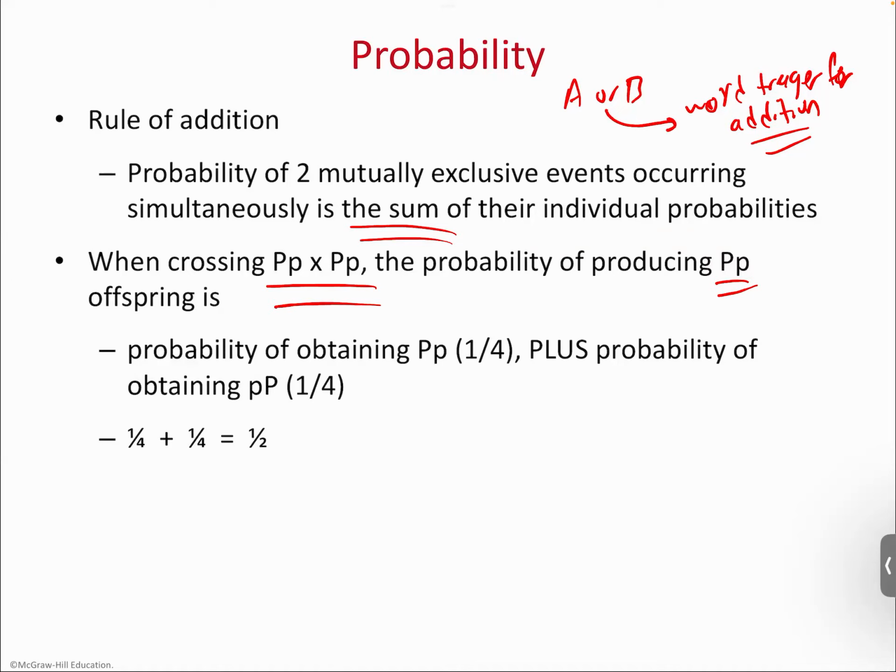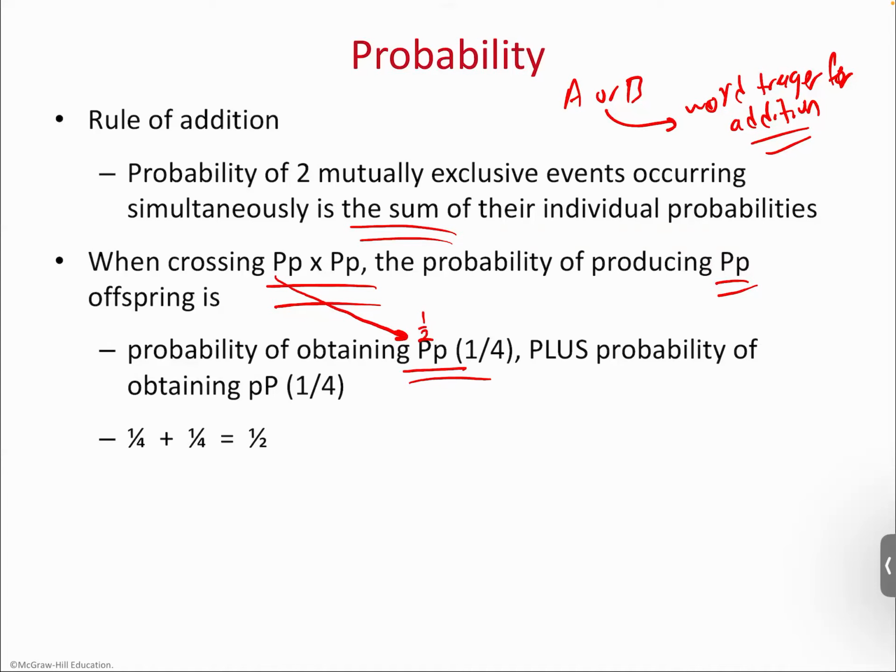Well, the probability of obtaining the first one is 1/4. How do you know that? This is the reason why. This parent gave a big P. What's the probability of getting a big P from that parent? 1 out of 2, right? It's a 50-50. It's a heads, big P, or a tails, little p. So your chance of getting a big P from that parent is 1/2.